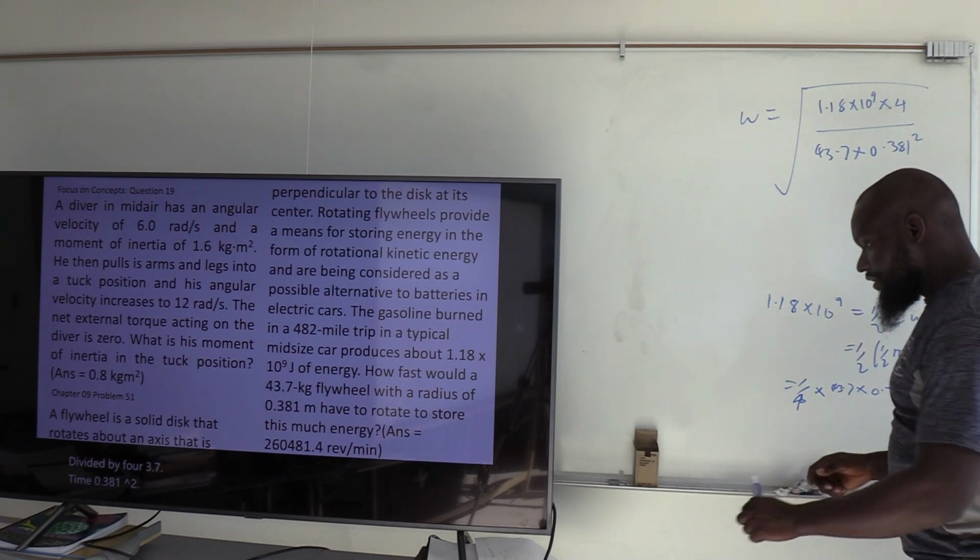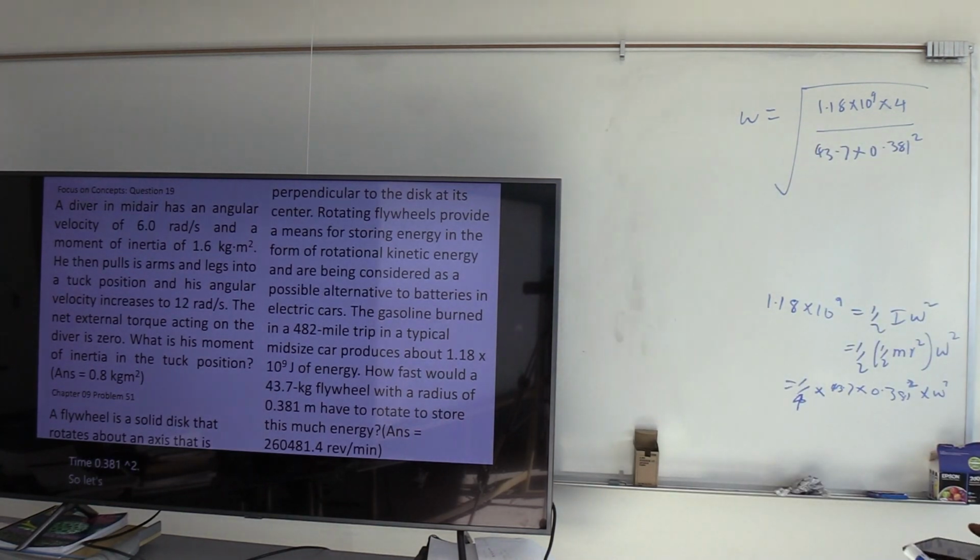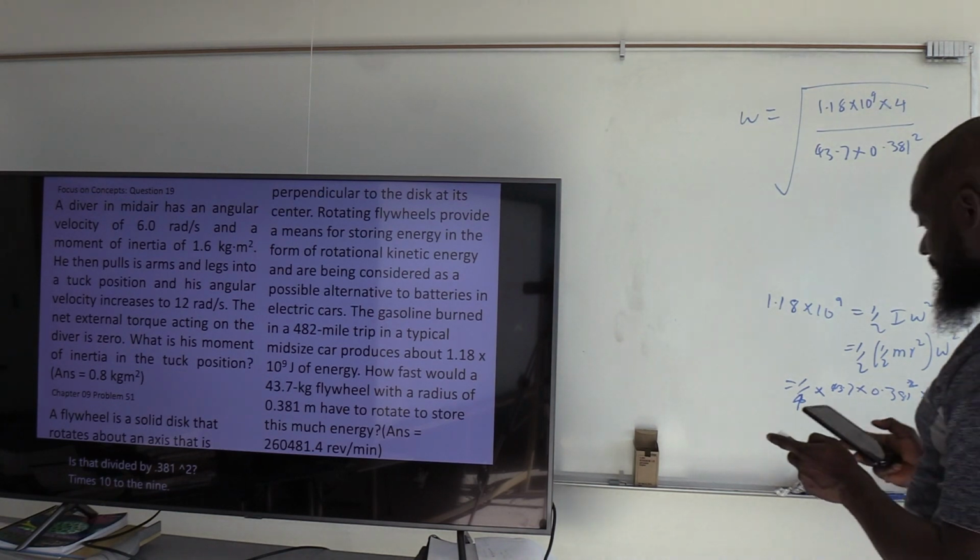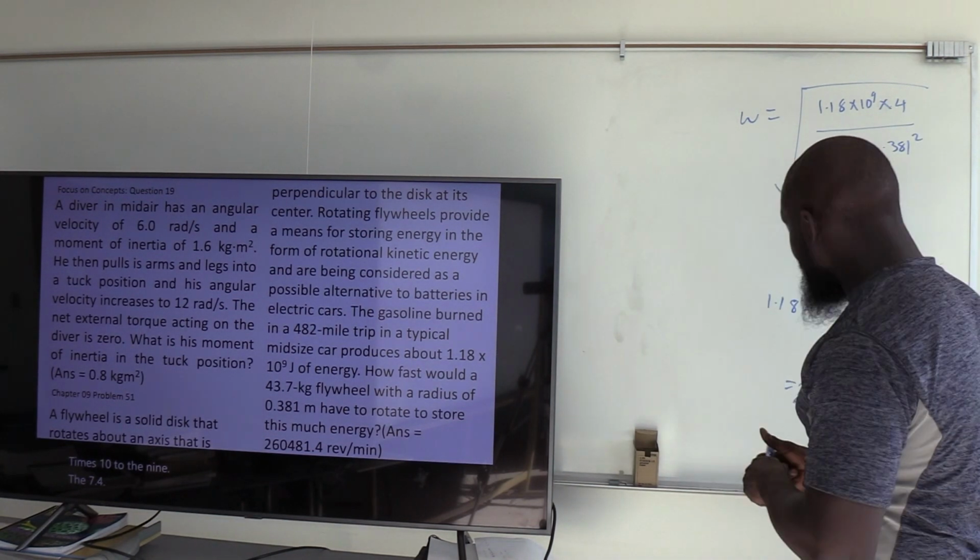Okay, so let's do that. So I have 1.18 times 4 is that, divided by 43.7 is that, divided by 0.381 squared is that, times 10 to the 9, that's 7.4 times 10 to the 8.